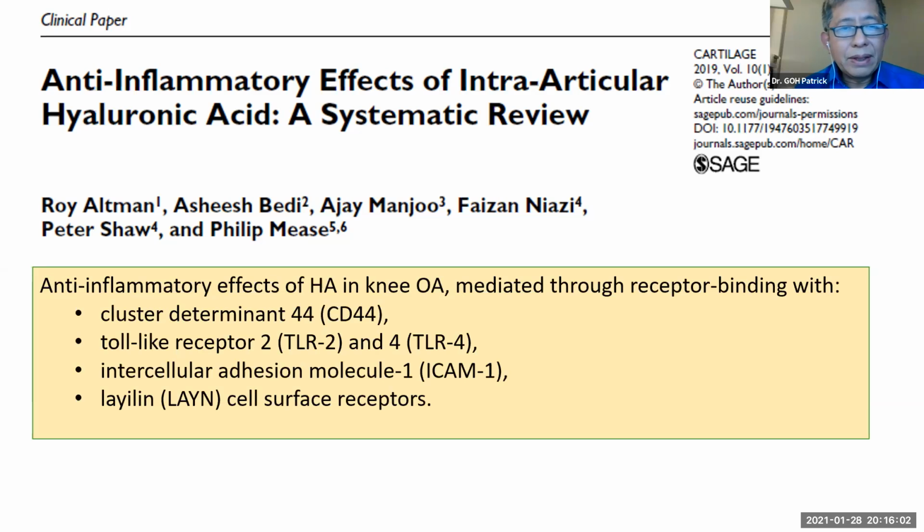Basically, in the review, they concluded that it was mediated through receptor binding with several different things: CD44, toll-like receptors, etc. So this article is a pretty good summary if you're into the molecular side of things.